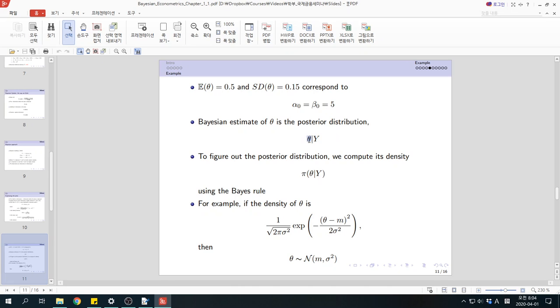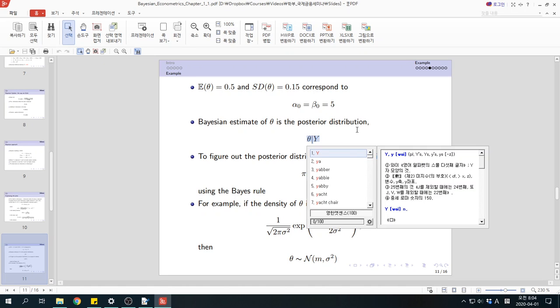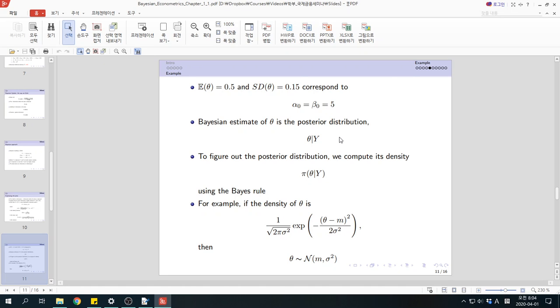If this distribution is standard, meaning it can be found in a statistics textbook, then that's good enough. Otherwise, if the distribution is not standard, meaning it cannot be found in any textbook, then we would plot its histogram. So this is Bayesian estimation.